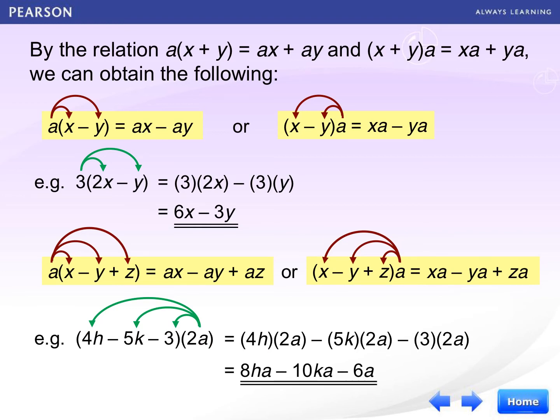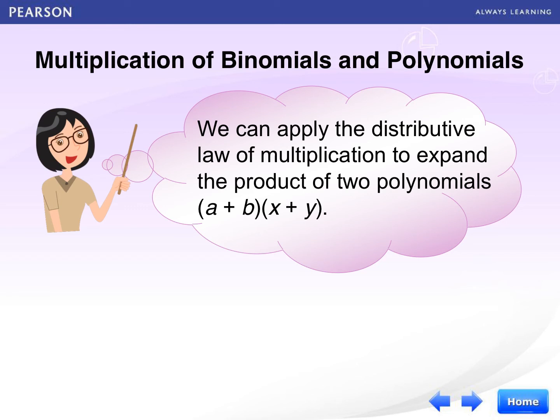The result is 4 times 2 is 8, 8ha, minus 5 times 2 is 10, 10ka, minus 6a.